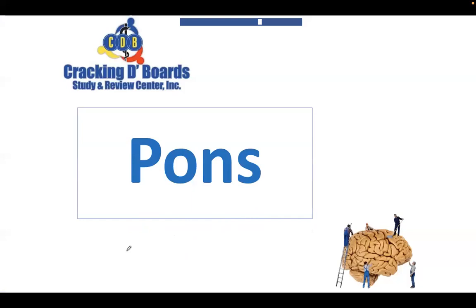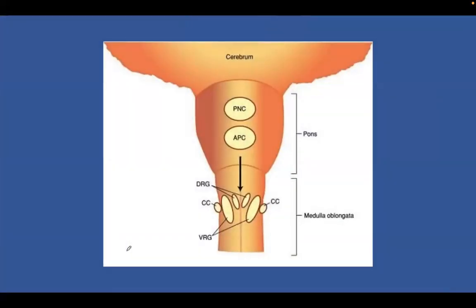This is, of course, found in the pons. So here, this is the pons. This is the pneumotaxic center, and this is the apneustic center. I always remind students, PAP: pons is apneustic and pneumotaxic.